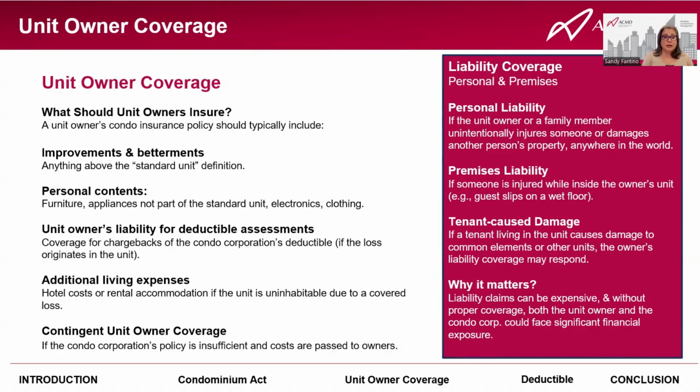Unit owner's liability for deductible assessments. This is an important one. Coverage for chargebacks of the condo corporation's deductible if the loss originates from the unit owner. So if there is a loss that originated from the unit owner, running tub, burst pipe, dishwasher leak, any of that stuff, the corporation can charge back the water damage deductible to the unit owner if the damage is above and beyond the corporation's deductible.